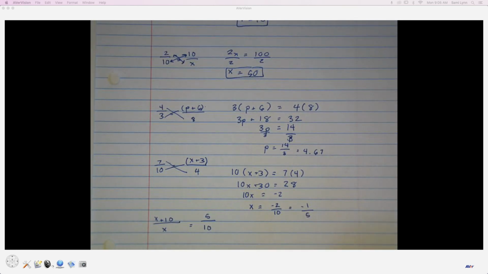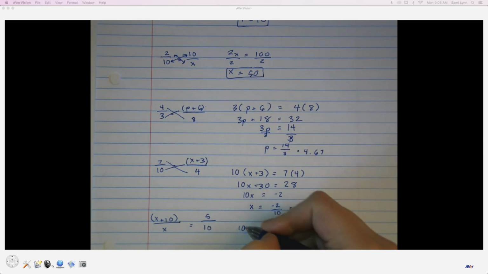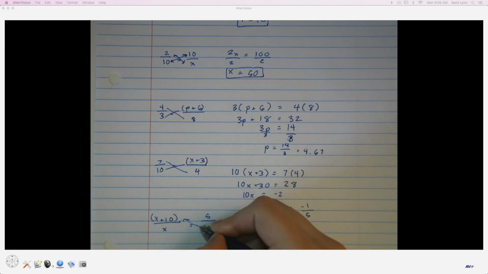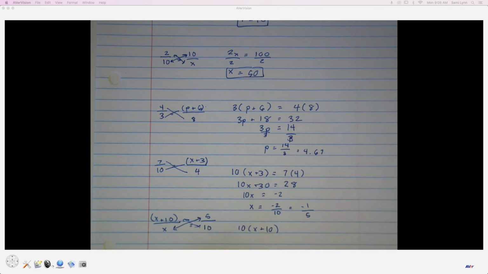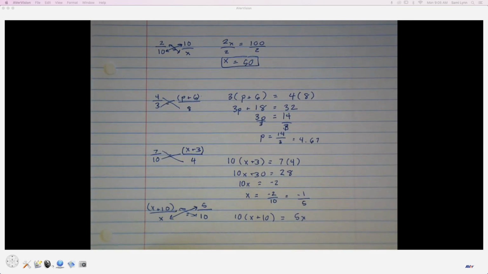We're running out of room, but that's okay. This one should go pretty fast. Remember our parentheses. We're going to have 10 times x plus 10. And this one we have an extra variable, but don't worry. Same thing, same process, times 5x. I'm going to distribute that 10 through.